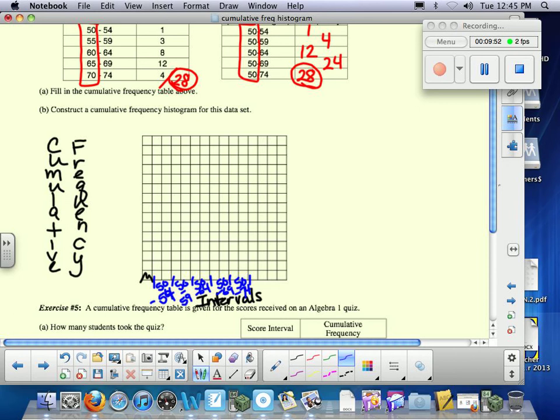So just like we had yesterday, but they're all starting at the 50 mark. We're using the cumulative frequency. And this time, our frequency is cumulative. We need to get all the way up to that 28 mark. So we need to count by twos.